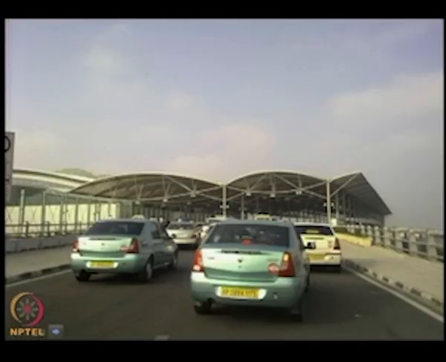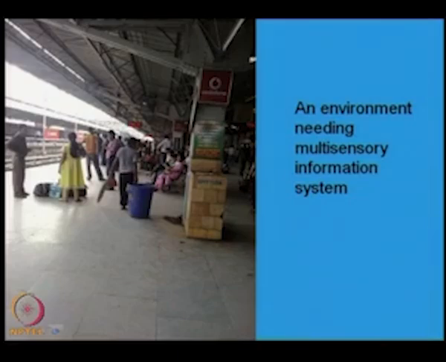Now, another area that is the airport approach. This has both the open system and open area environment as well as confined. So, this is a mixture kind of thing. An environment needing multi-sensory information system, like for example, a railway platform, railway station.